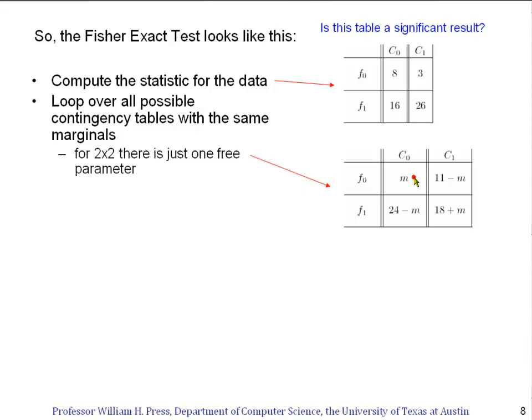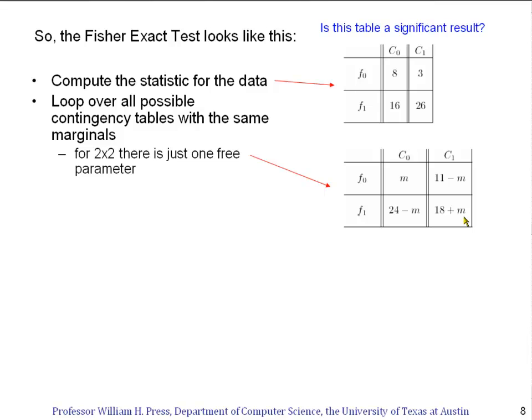We've put it here before and called it M, because if we know this, then we know that this cell must be 11 minus M, because 8 plus 3 is 11 up here. And we know, looking in this column, that this must be 24 minus M. And if you work it out, this one must therefore be 18 plus M.